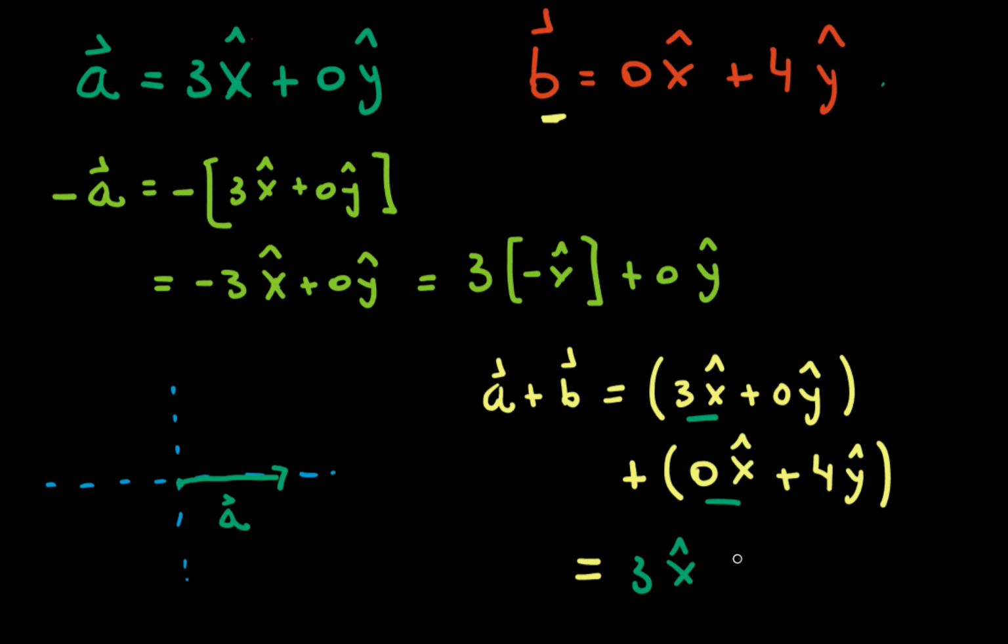Now the other component, you do the same thing. You group all the y components together. So you have 0 in the y for A and 4 in the y for B. 0 plus 4 is just 4y. So A plus B is 3 in the x direction plus 4 units in the y direction.